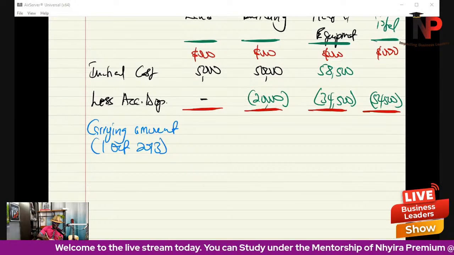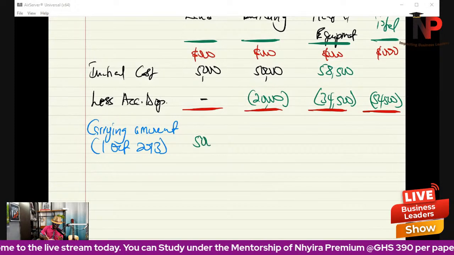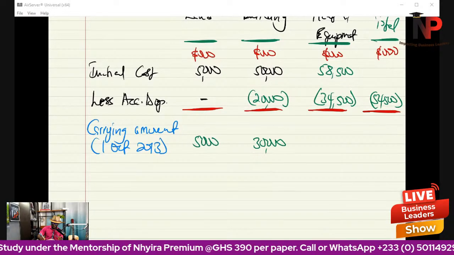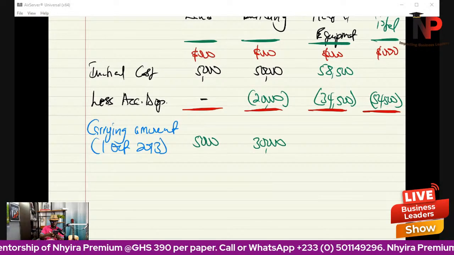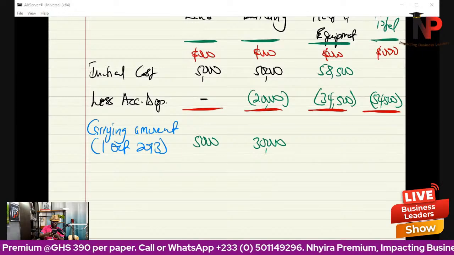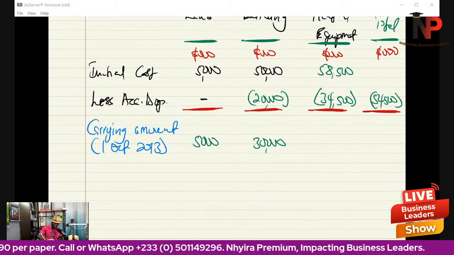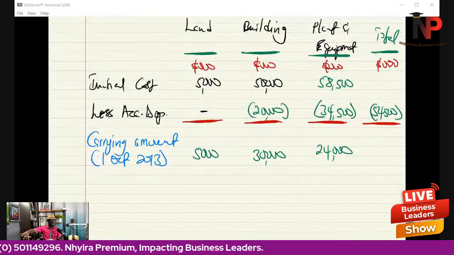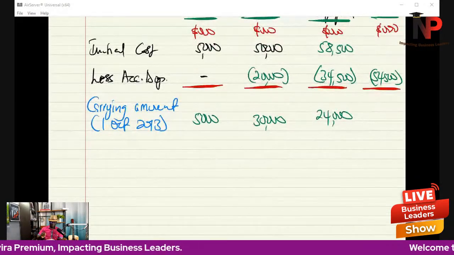And so the land is going to be 5,000, building is going to be 30,000, and this is going to be, let's see, 24,000. Please confirm my figures for me, then we could do the total columns as well coming in.